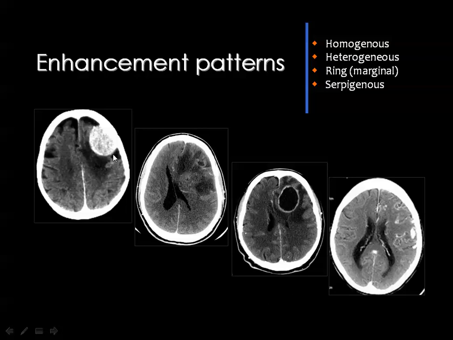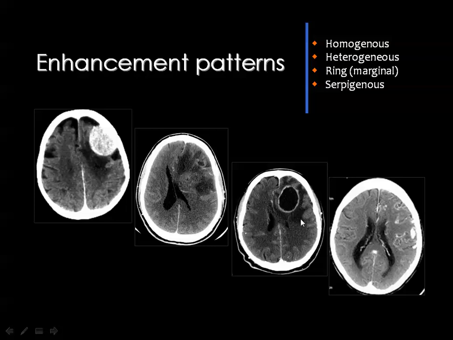Then if the lesion is enhanced with contrast media, you have one of four situations. Number one, the tumor has taken contrast media, what we call homogeneous enhancement, or the tumor has enhanced partly, part of the lesion is enhancing, part is not enhancing, and this is what we call heterogeneous enhancement.